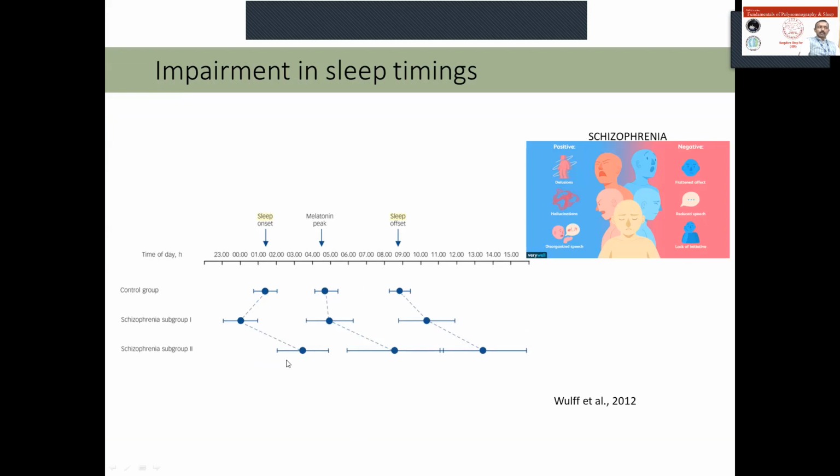There are mental disorders like schizophrenia where this whole onset, offset, and melatonin is severely affected, especially if you look at the variation in offset across multiple days. So one or two weeks of continuous actigraphy measurement can give you a good insight into their circadian abnormality.